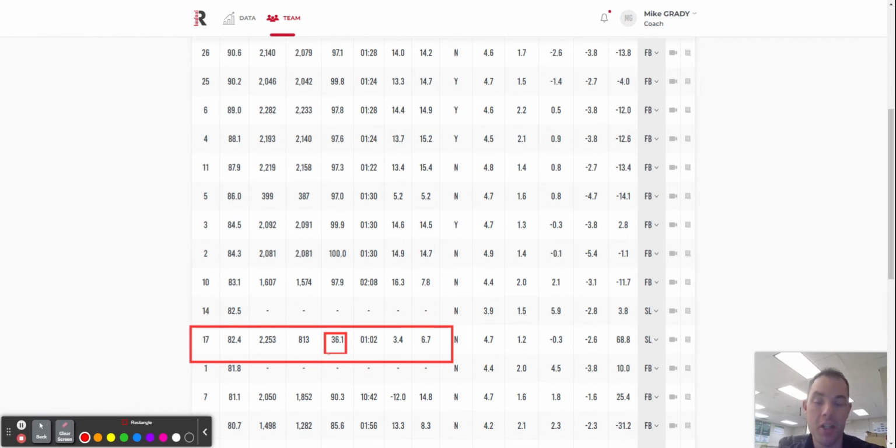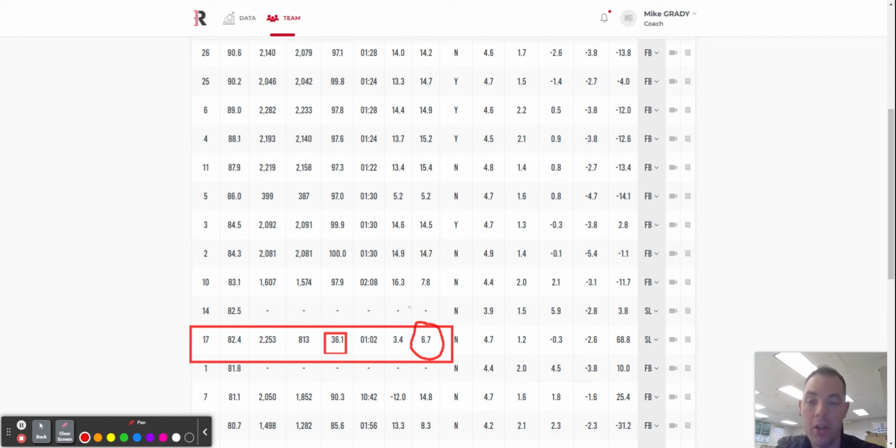What spin efficiency is measuring is a lot of times the axis of the spin and how much the spin is affecting movement. You can also see that we have a lower vertical break. And so for sliders, we want to see the vertical break, the really good ones are around 0. So this one probably wasn't a great slider.